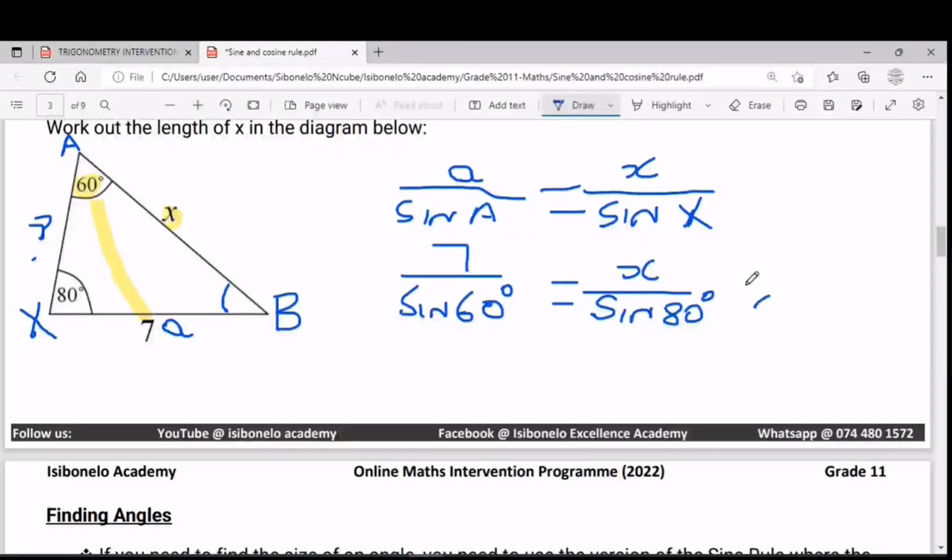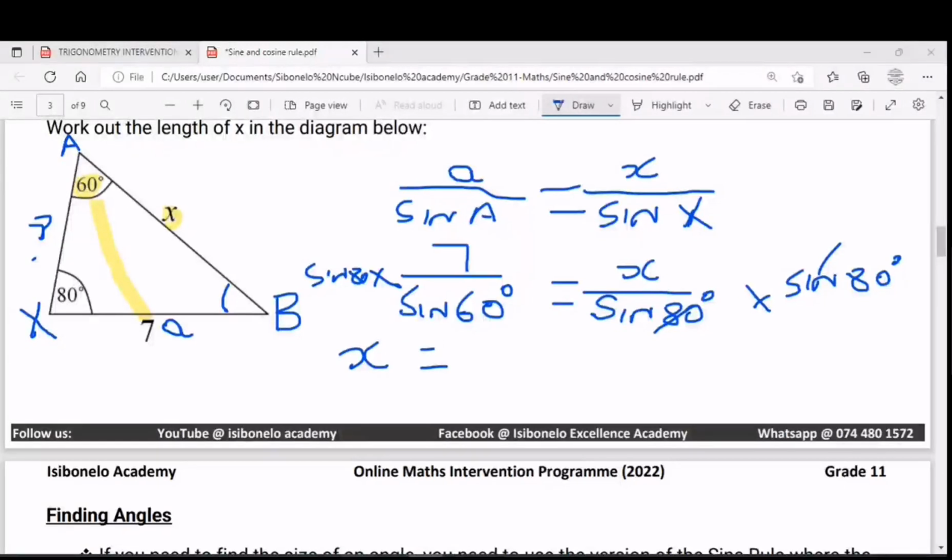So you times by sine 80 degrees, and on the other side you must also multiply by sine 80 degrees. So the sine 80 and sine 80 cancel, and then you get the length of x.